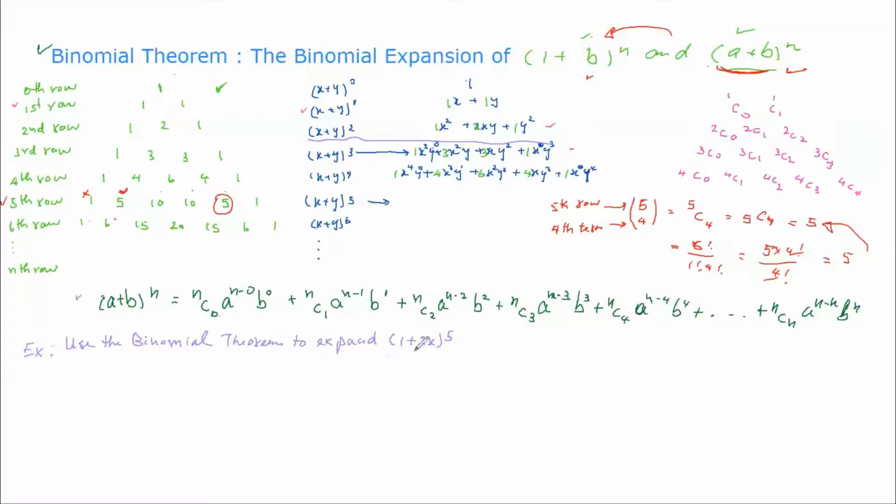Now from this one, 1 plus 2x power 5. See from the formula, right now a equals 1, b equals 2x, and n equals 5.